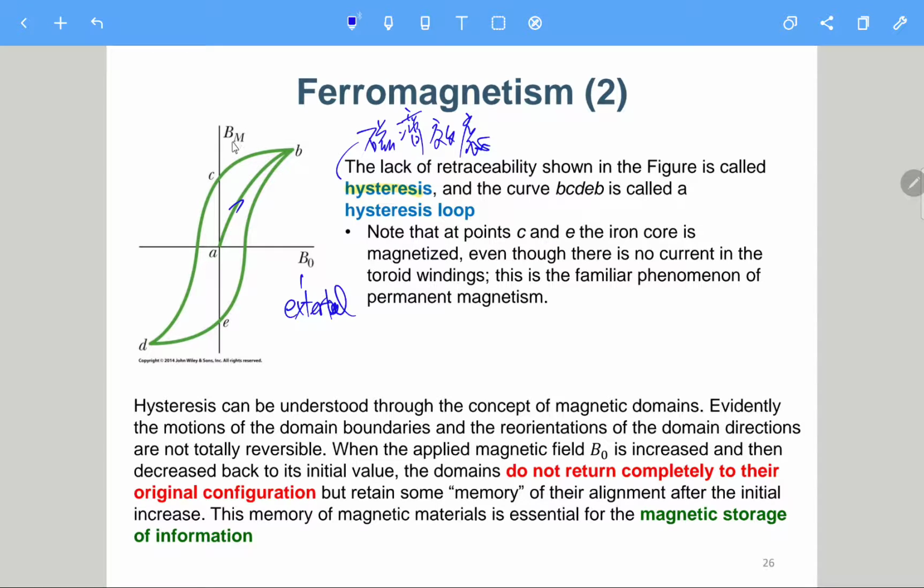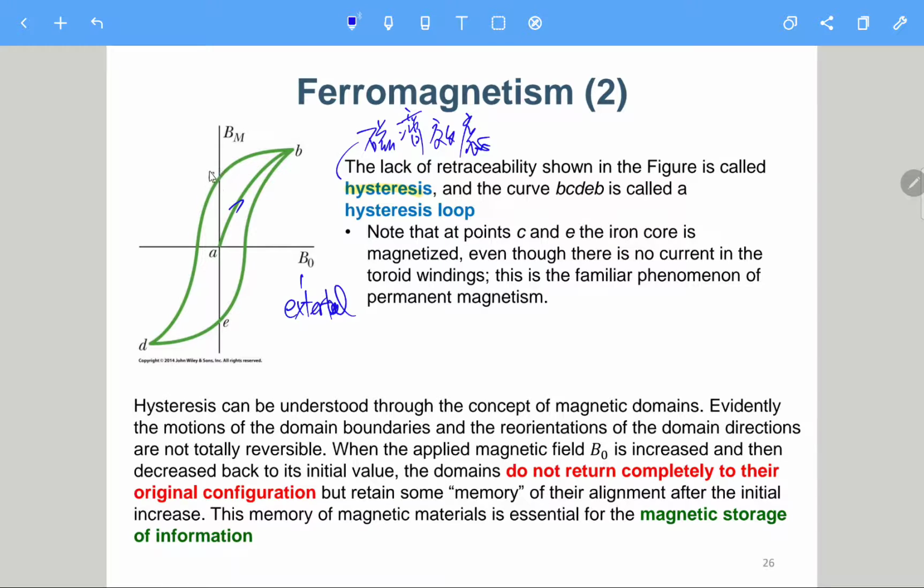BM is the magnetic field generated by the ferromagnetic material. So it will still have some magnetic field remaining, even after we remove all the external magnetic field. So you can store a 1 or 0 in that area of the ferromagnetic material.